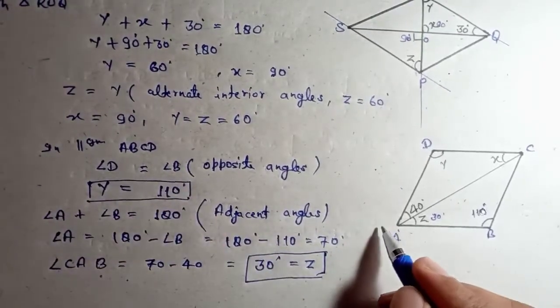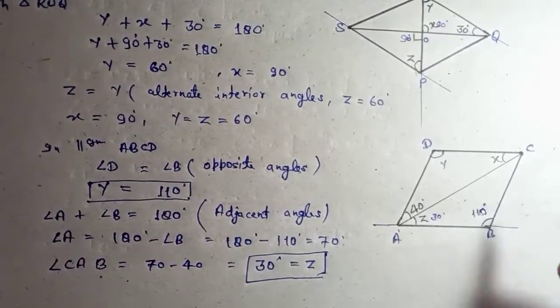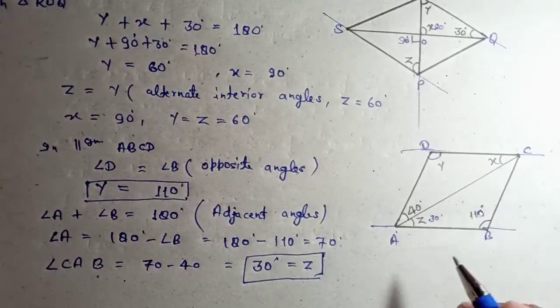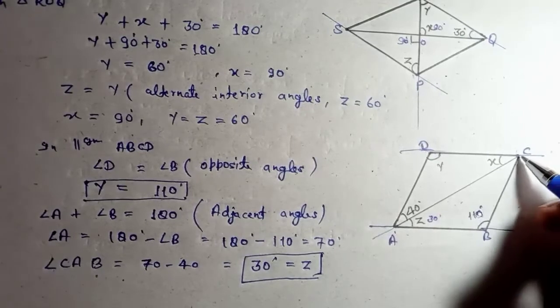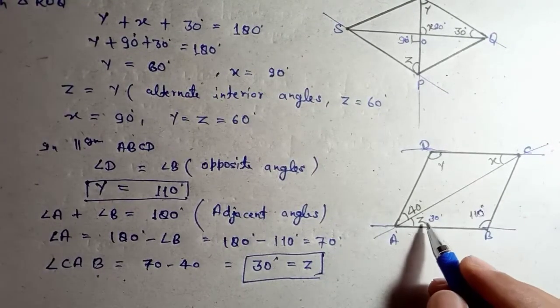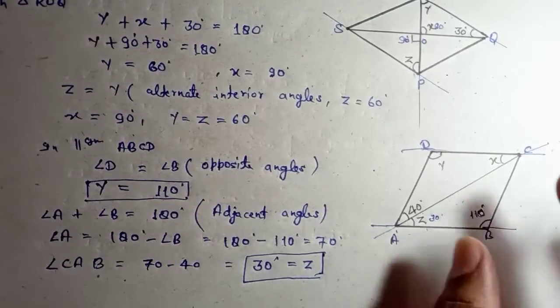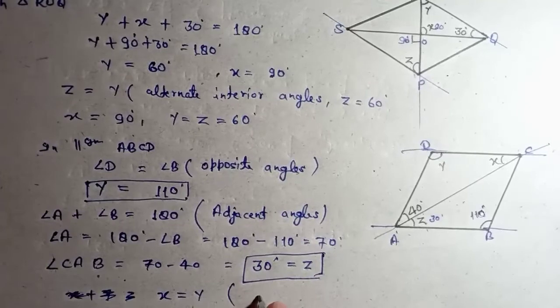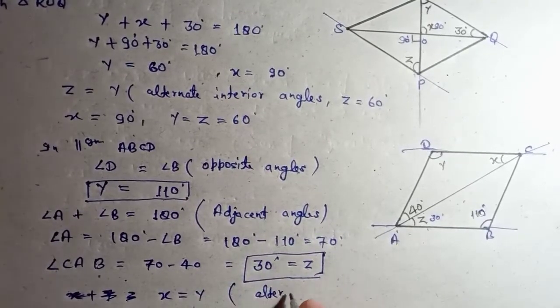And now when I increase the length of the line segments, or if you consider these are lines, so this is the transversal line and they are alternate interior angles, means this Z and X are alternate interior angles. So you can write X is equal to Y because they are alternate interior angles.